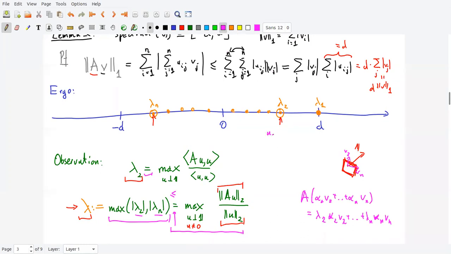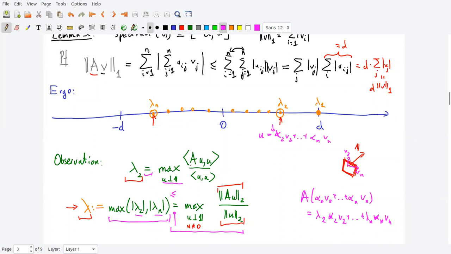So let's say that u is a vector alpha 2 v2 plus alpha n vn. I do not write, of course, alpha 1 v1, because u is from the subspace orthogonal to all ones, and all ones is equal to the eigenvector v1. So this term doesn't appear due to this orthogonality.